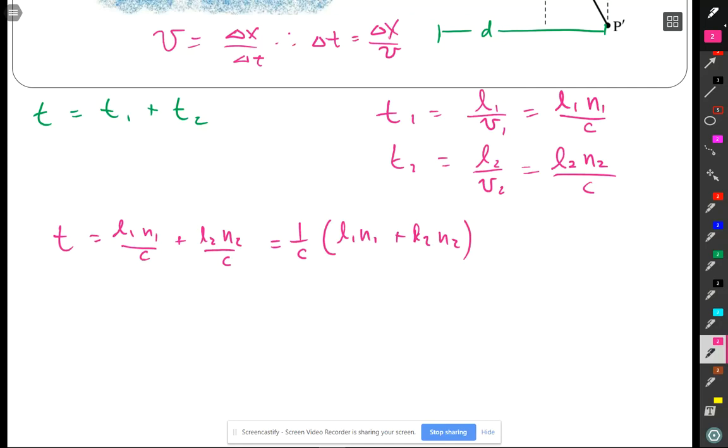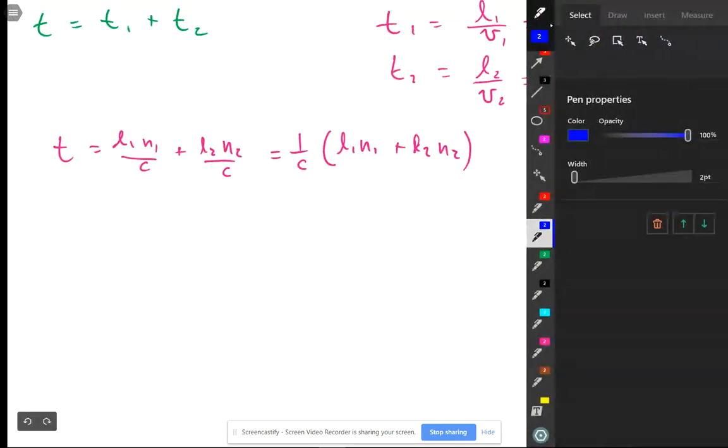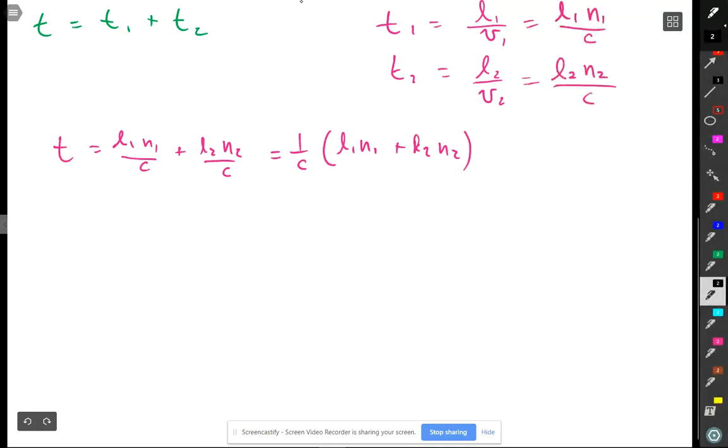This can be that way too, but we're going to simplify it by keeping L1 and L2 as functions of x. So now for minimizing, going to our calculus. If I want to minimize something, what do I do?